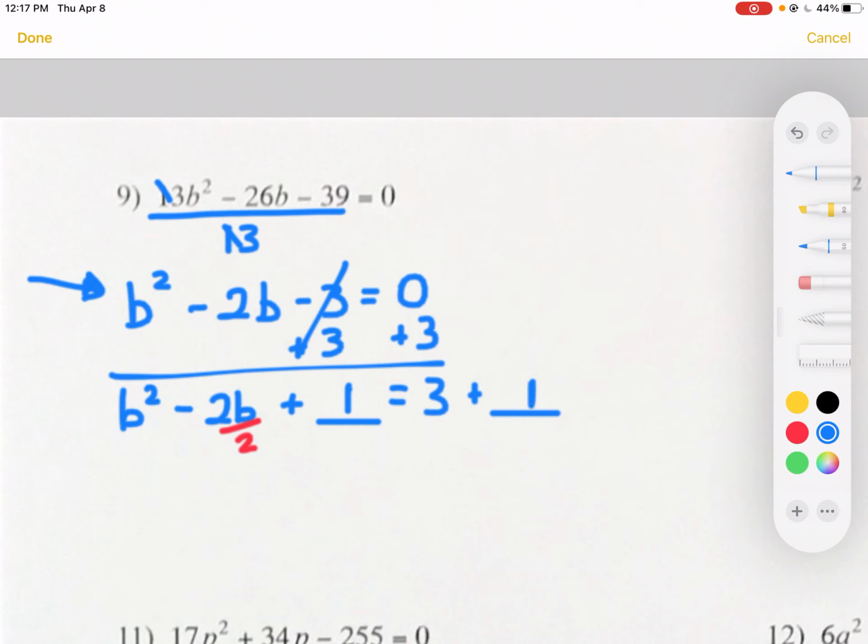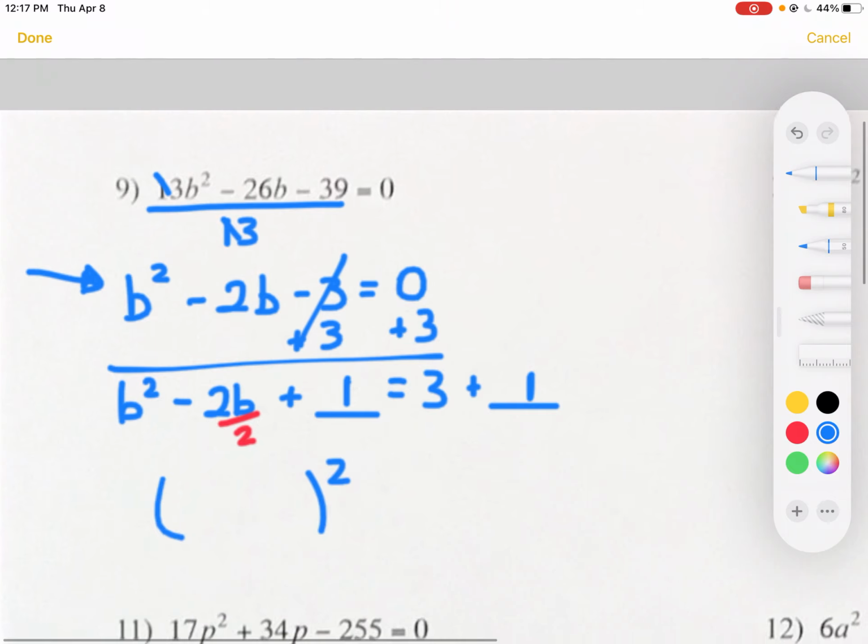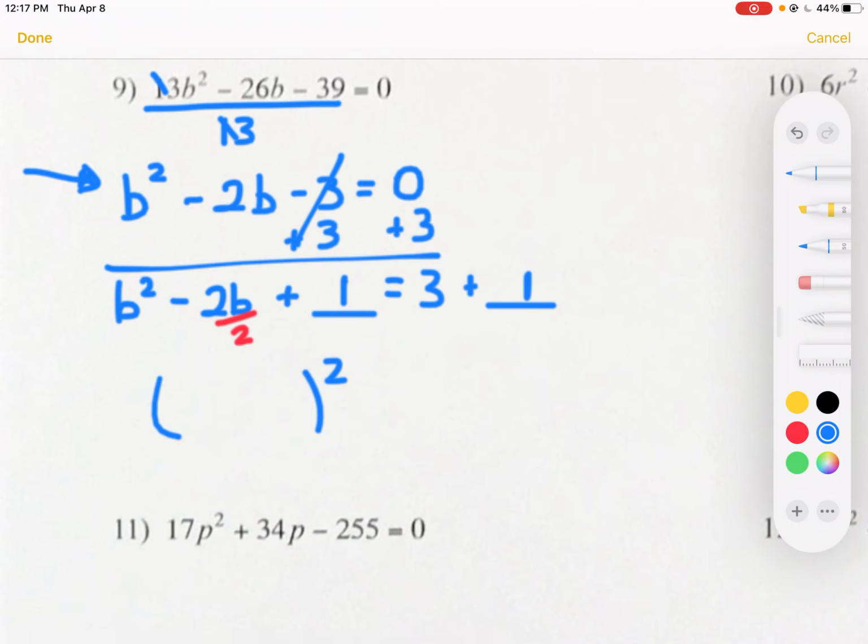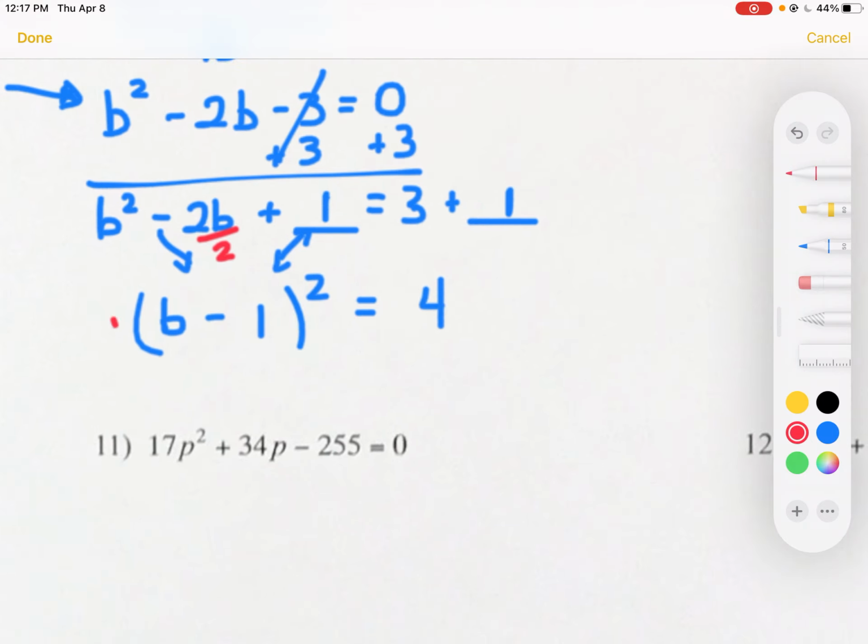So now I can take b squared minus 2b plus 1 and factor it into a parentheses squared in this case, as b minus the square root of this number, b minus 1, equals 3 plus 1 is 4. So now I'm going to square root both sides.